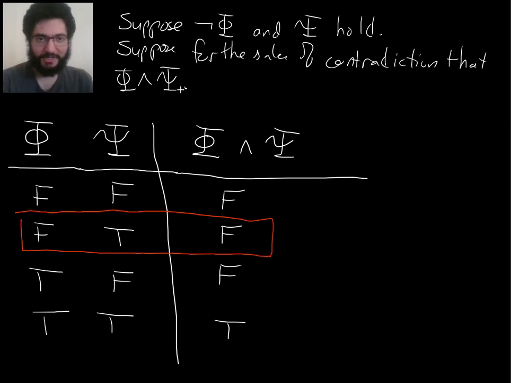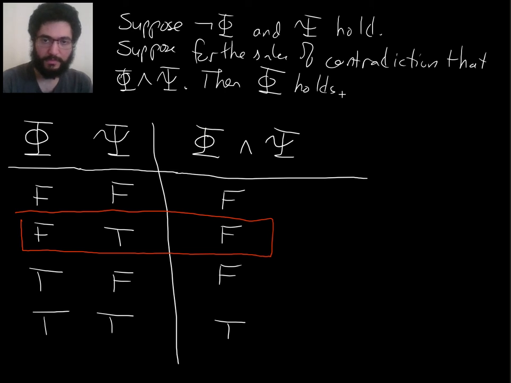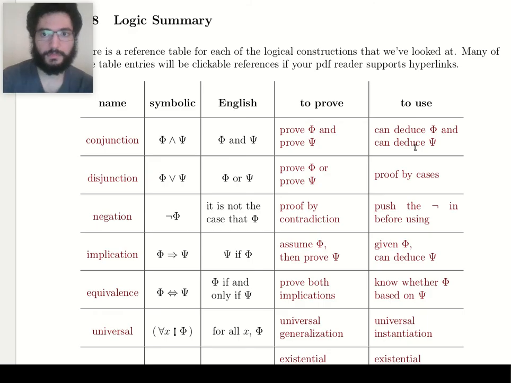Now I'm trying to get a contradiction so that I can finish this proof by contradiction. So from phi and psi, I can conclude phi. Why? This was one of the rules. When I have phi and psi, I can deduce phi and I can deduce psi. So in particular, I can deduce phi.